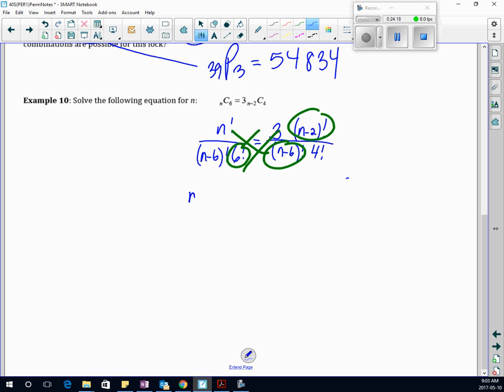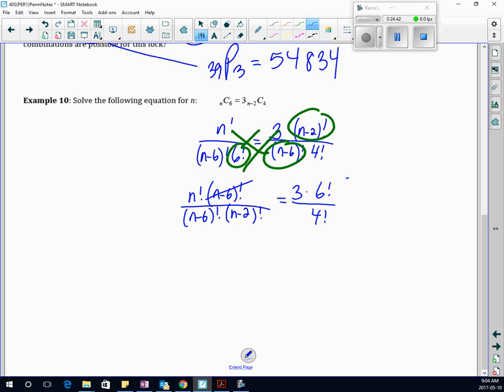So we get n factorial times n minus 6 factorial over n minus 6 factorial times n minus 2 factorial equals 3 times 6 factorial over 4 factorial. Again, cross multiplying should be your friend by now.